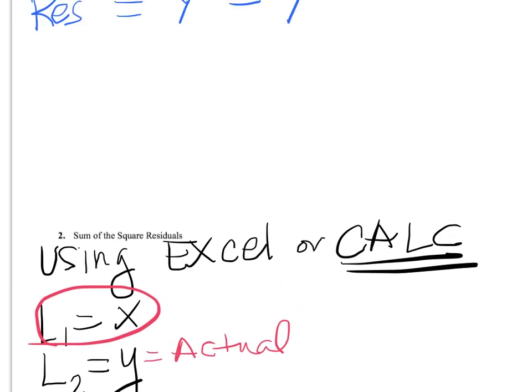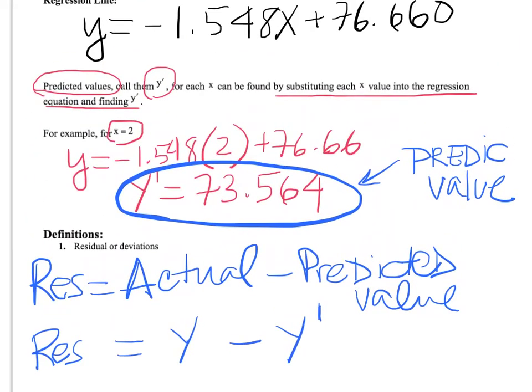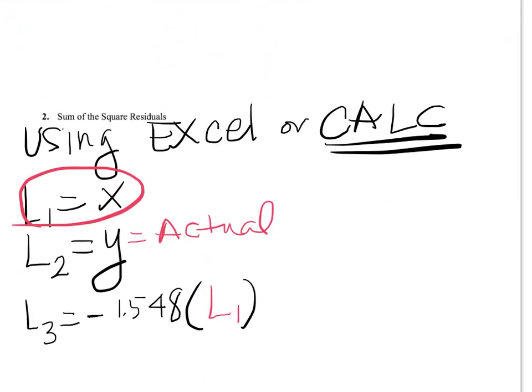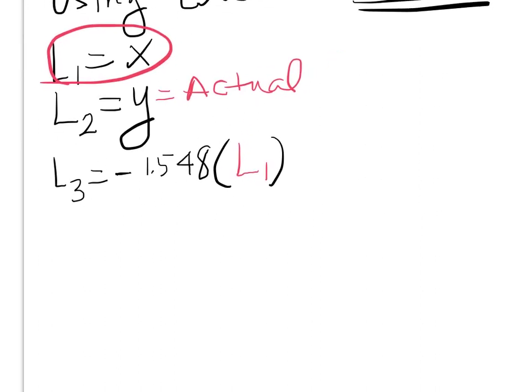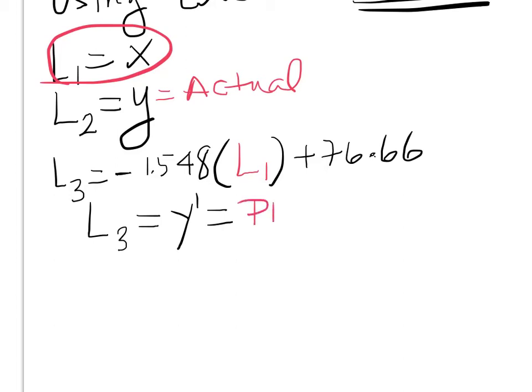Don't forget the last part, plus 76.66. And here you should be able to get a list of all the predicted values. So L3 will produce all the y primes, all the predicted values.